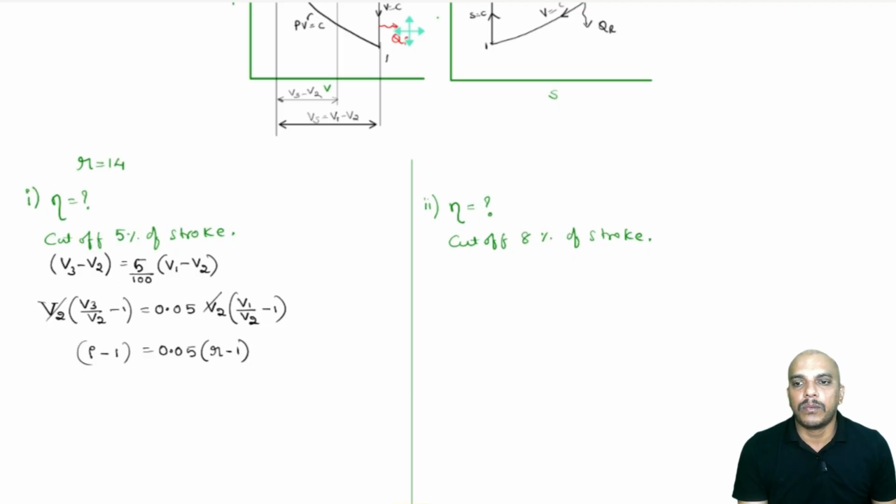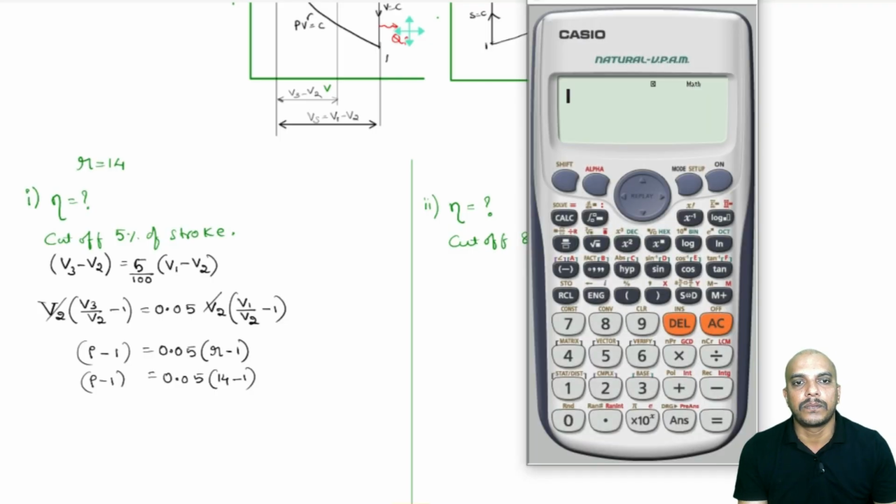Okay. So, the moment we see V3 minus V2 is equal to this percentage into V1 minus V2, we can straight away write rho minus 1 is equal to 0.05 into R minus 1. That is also good. Now, rho is the unknown. Let us find out the cutoff ratio, and we have been given the value of compression ratio as 14, so 14 minus 1. All right. So, the only unknown is rho. Let us find out the value of rho.